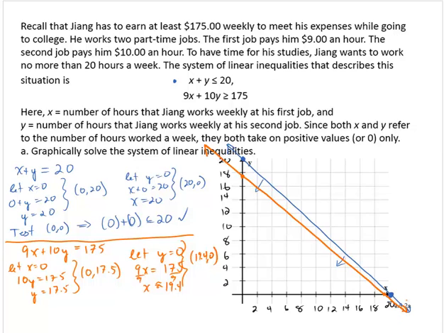All right, and again, I can test a point here. I'm going to again test the origin. So testing the origin would give me 9 times 0 + 10 times 0 ≥ 175. And so 0 ≥ 175. That's false. So I would not shade the region containing (0, 0), but rather I would shade the region above that orange line.